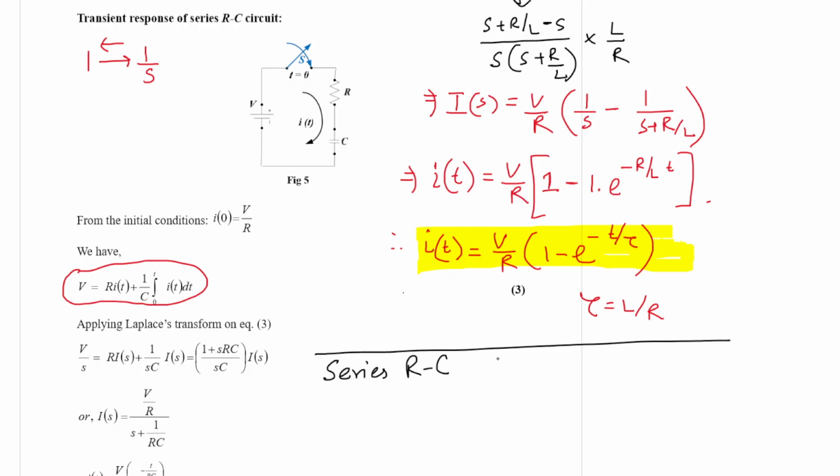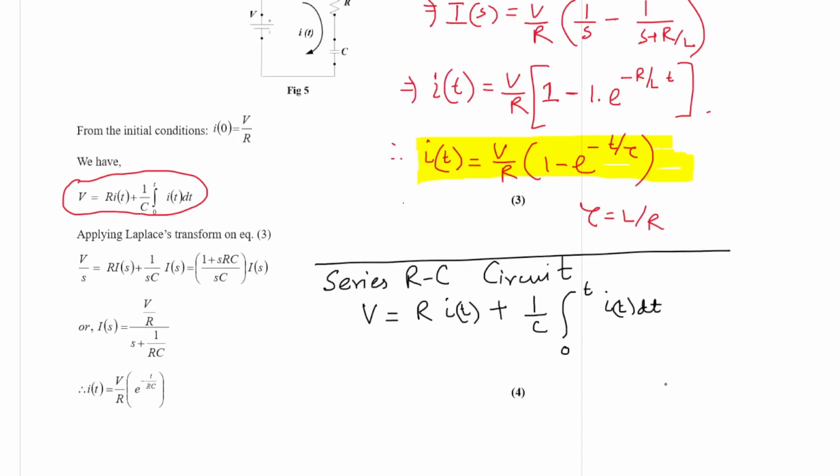We have V as the input voltage, then R into i(t), that is the voltage drop across the resistor, and the voltage drop across the capacitor, 1 by C integration 0 to t i(t) dt.